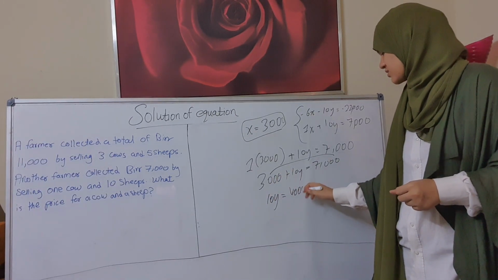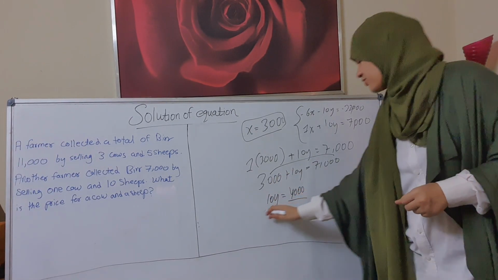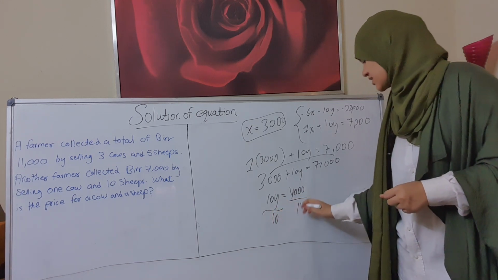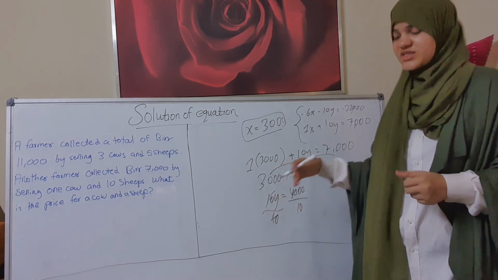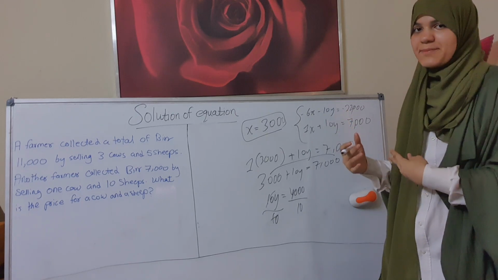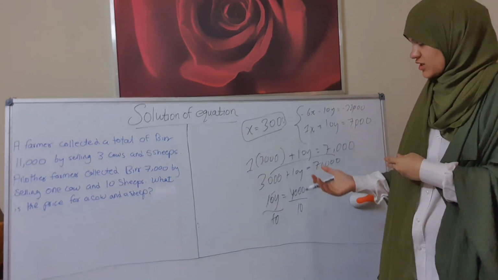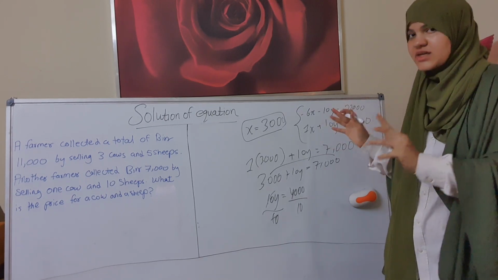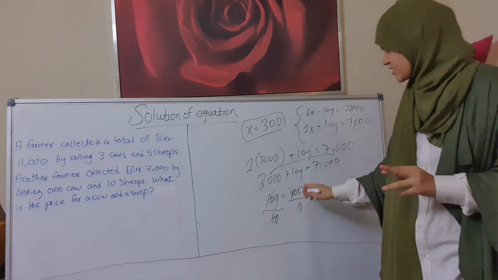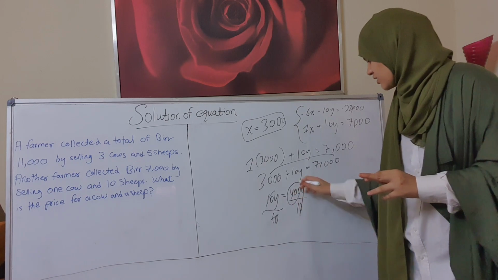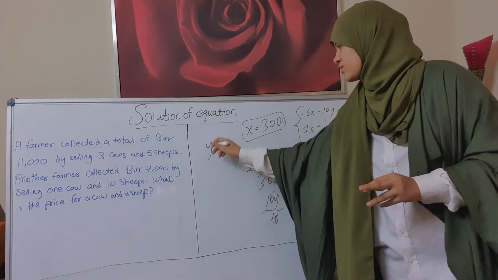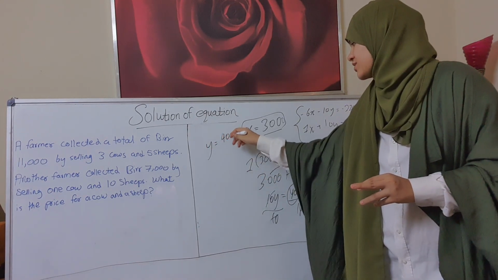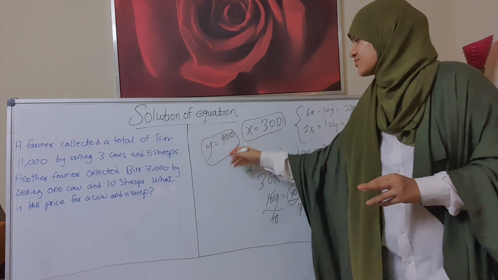over 10, because 10 is with the variable y, so we need to find y itself. So that means we'll divide by 10 on both sides, then we cut 0 by 0, then the value of y is equal to 400.